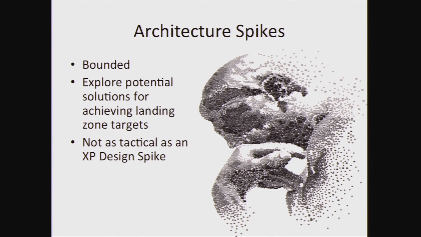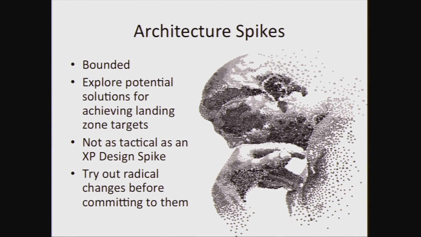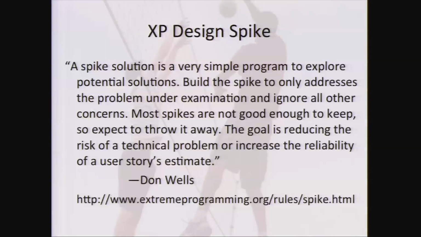It's not as tactical like on the ground, but you may identify some risks as you're doing these activities. But the bottom line is they're bounded. They're not this infinite experimentation. You might want to try out radical changes before committing to them and really radically changing your architecture.